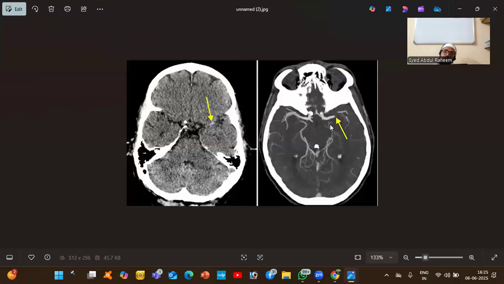On the left side there is a blockage. Due to this blockage, the supply to the brain is reduced. So this is CT angiography of the brain, how it looks if you want to see the blockage of arteries.